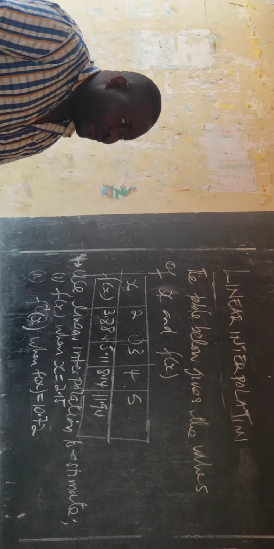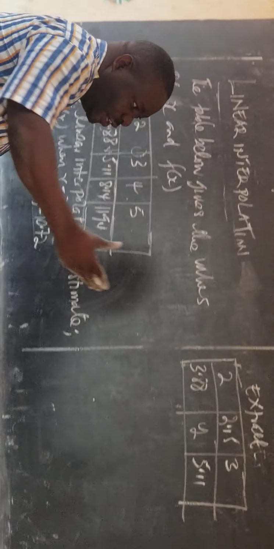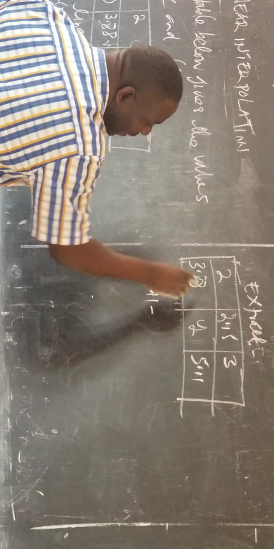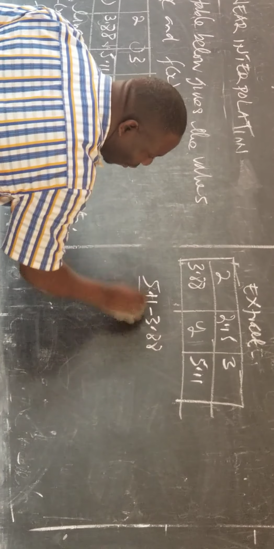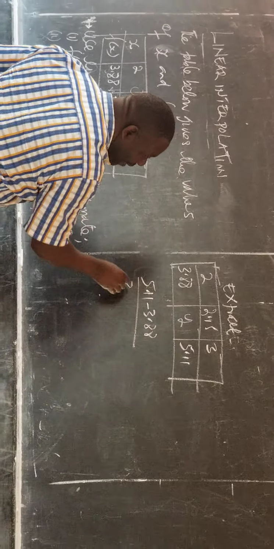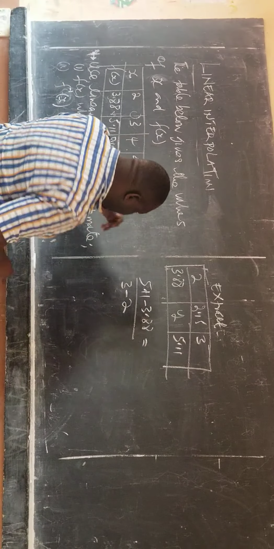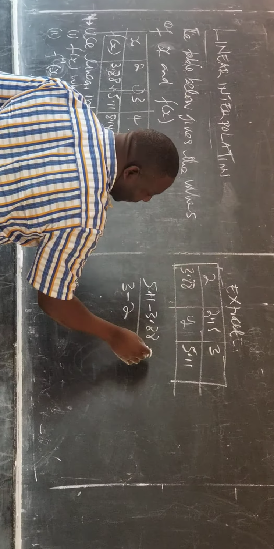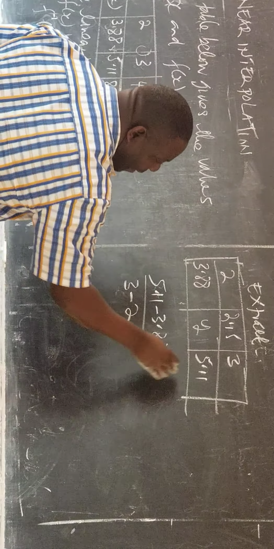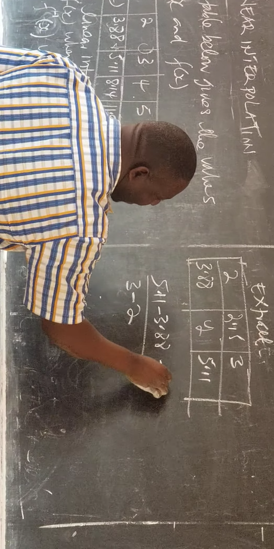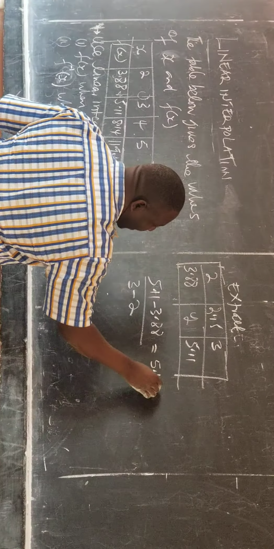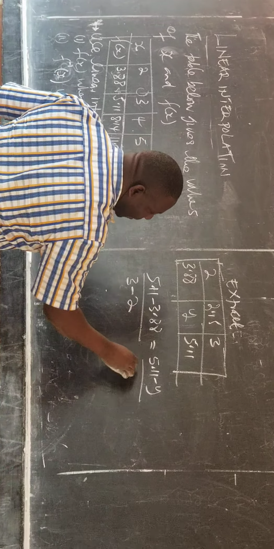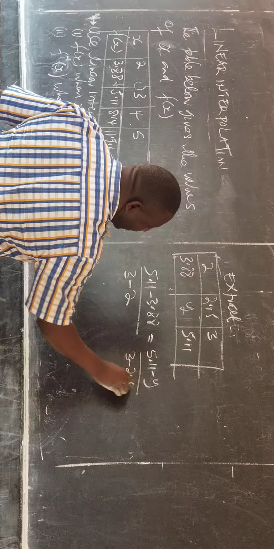Then we use the method of the gradient. That is the change in y, that is 5.11 minus 3.88, over the change in x, which is 3 minus 2. We can choose to use this one and this one also, and we have the change in y, which is 5.11 minus y, over the change in x, which is 3 minus 2.15.